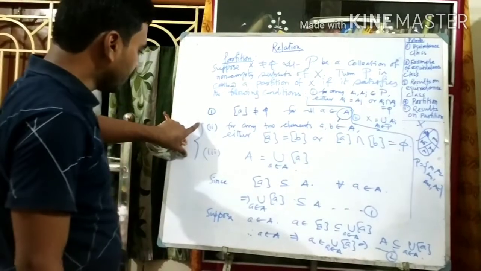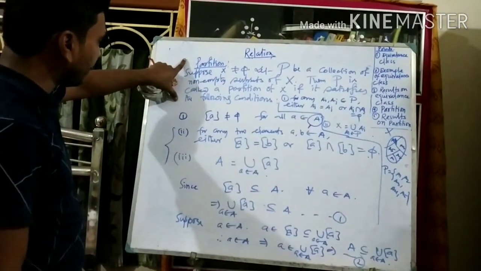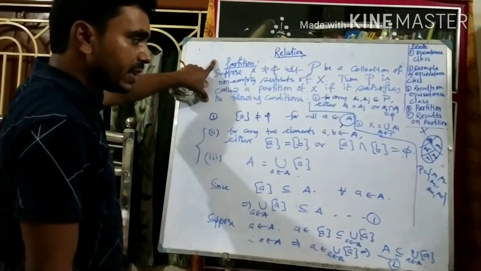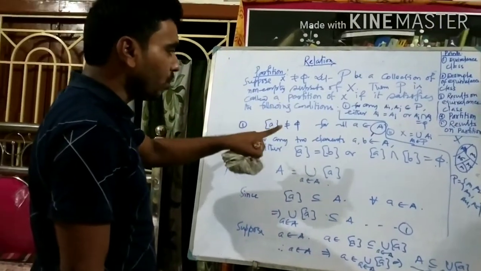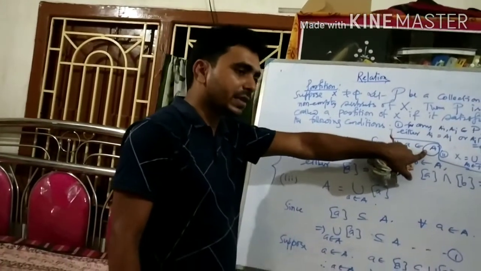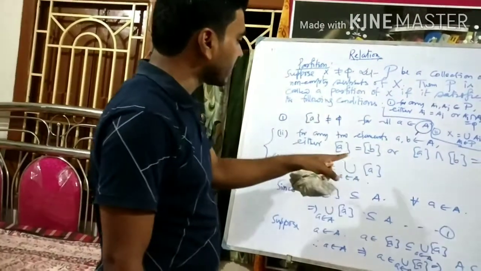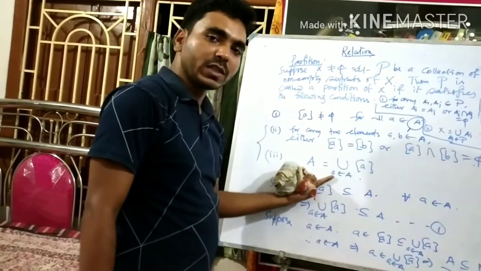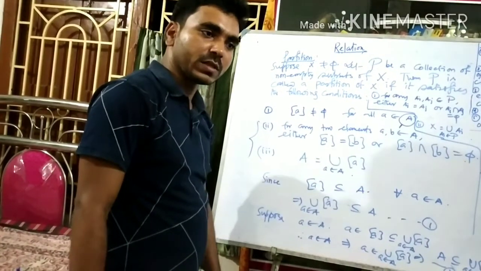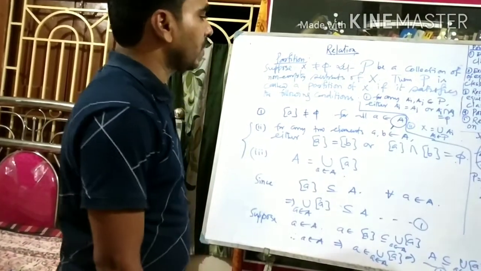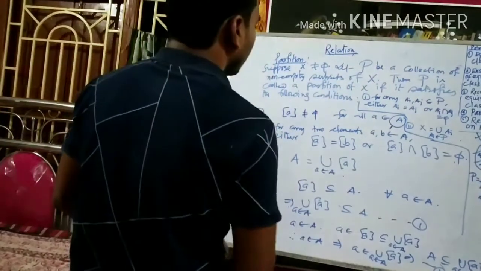So from these two conditions and the definition of partition, we can say that if rho is an equivalence relation defined on a non-empty set A, then that equivalence relation determines a partition. Okay.